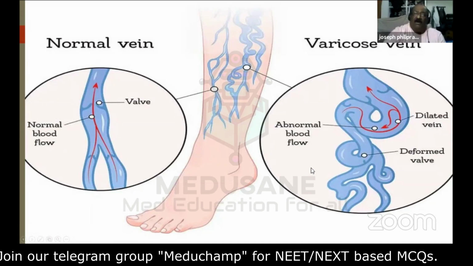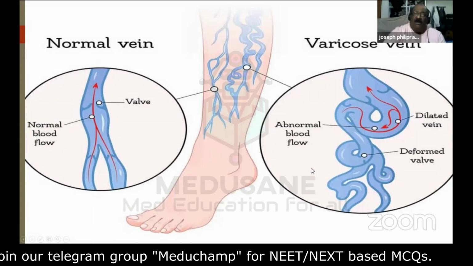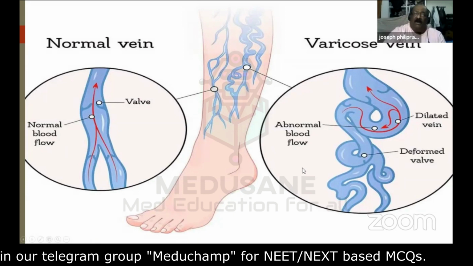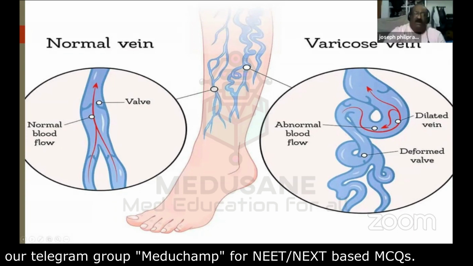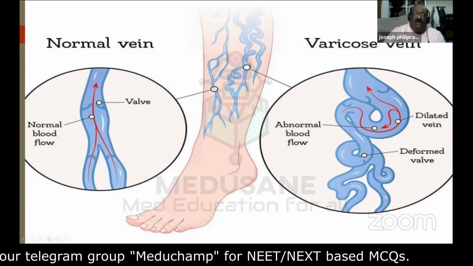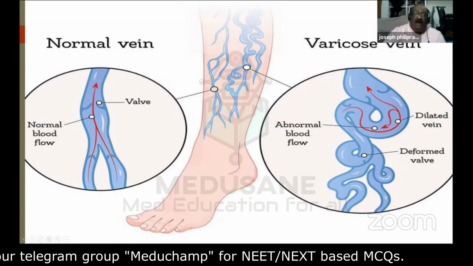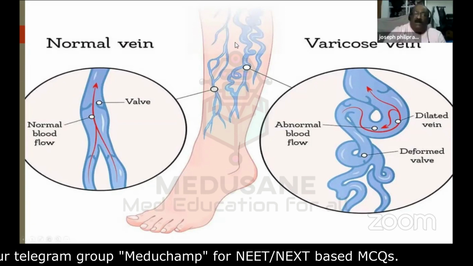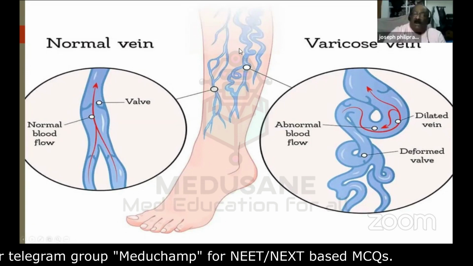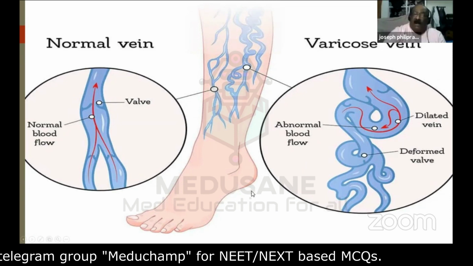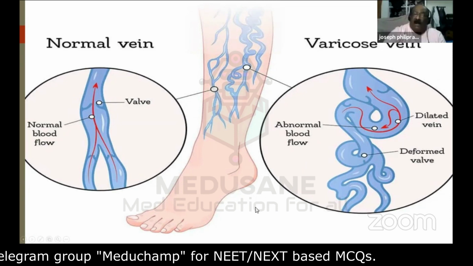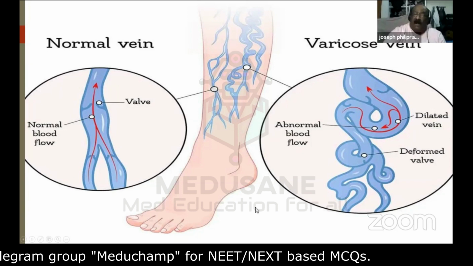So there are many places where the veins can dilate and become symptomatic due to its presence and by bleeding. So the definition of varicose veins is the dilated, tortuous, worm-like veins which are seen in the lower limb, and this involves the superficial venous system.